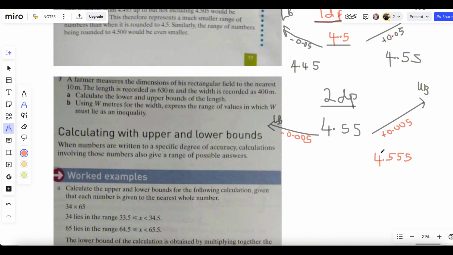So if you subtract this one, what will you get for the lower bound? We get 4 point... If you subtract, you say 4.55 minus 0.005. What do you get?